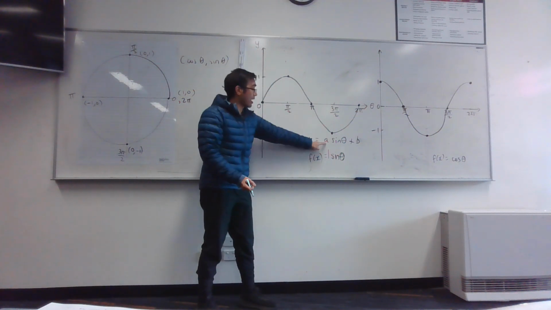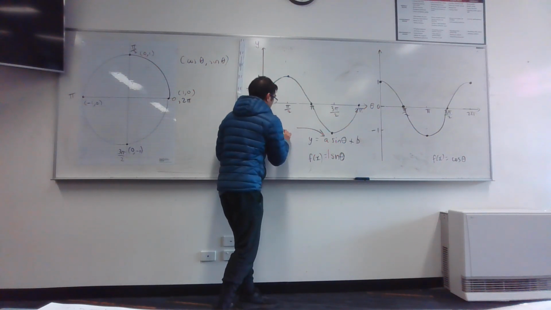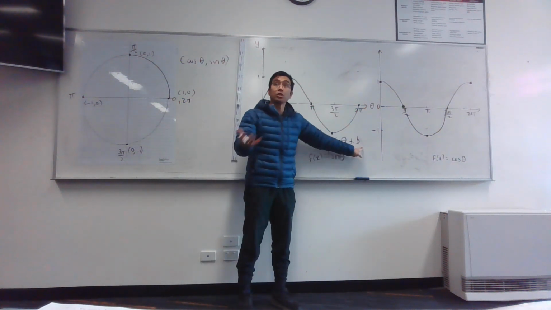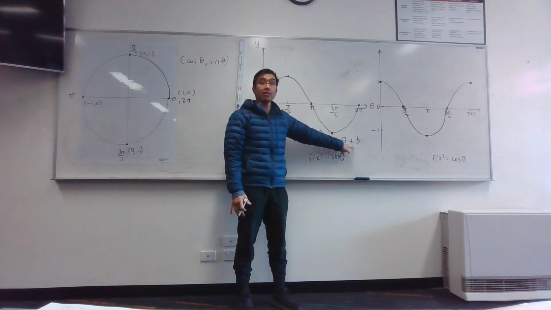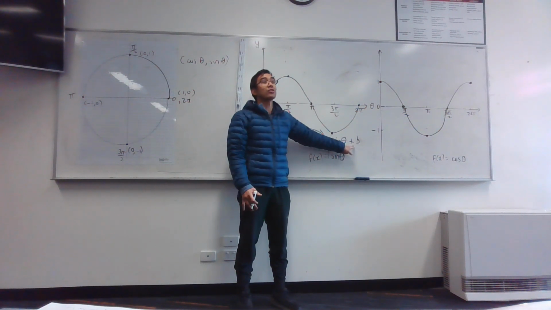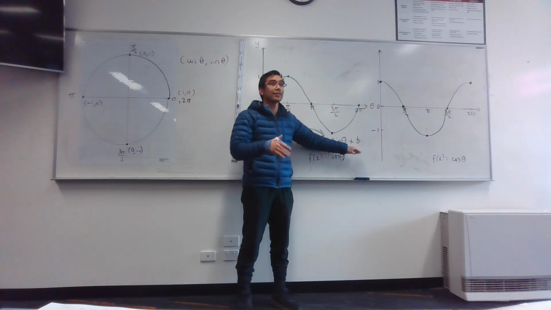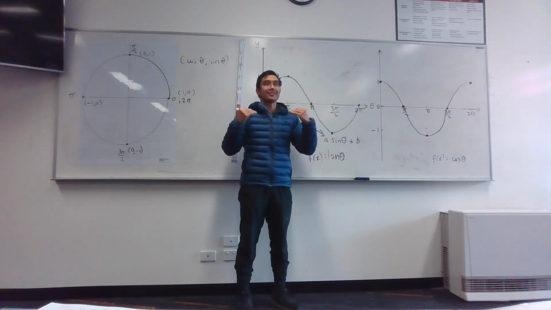Our A is what we call our amplitude, stretches. Our B, what word would you use? If one thing stretches, the other thing contracts or stretch. Okay. Oh no, this is not a contraction. It's a shift. It's a shift. Okay.